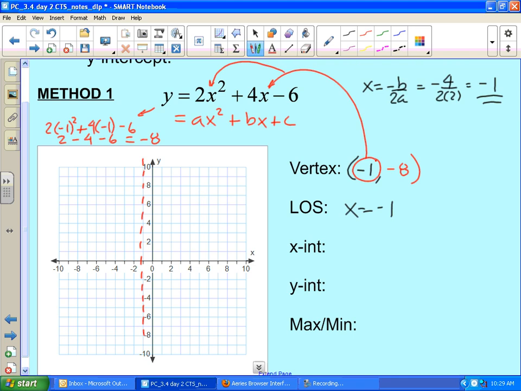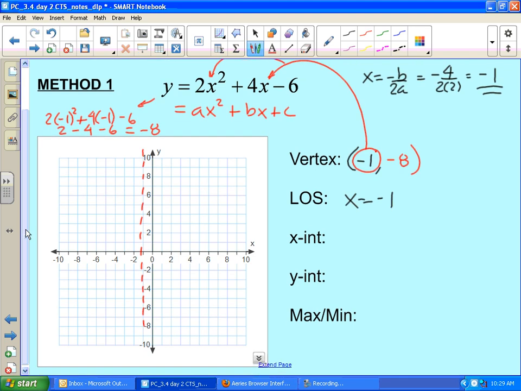So how do I find the x-intercepts? Don't think the rules change. How did we do it last time? We set y equals 0. Still the same thing. We still set y equal to 0, but now we're going to have a quadratic. So I'm going to have 0 is equal to 2x squared plus 4x minus 6. Now I could factor a 2 out here, or divide everything by a 2.